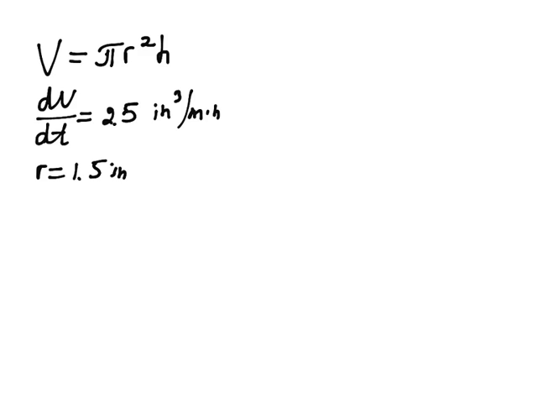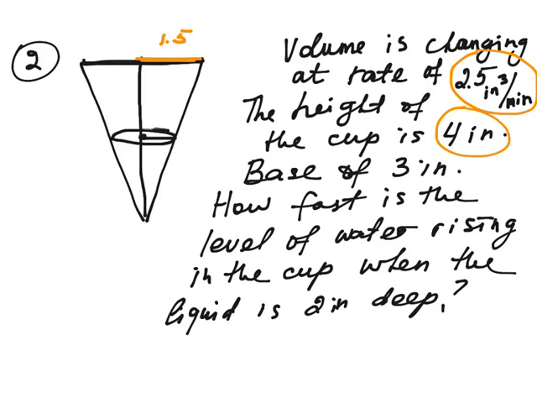Well, see, when you get to, let me go back, when you get to this level right here, you don't know what the radius is. So we should label it r.